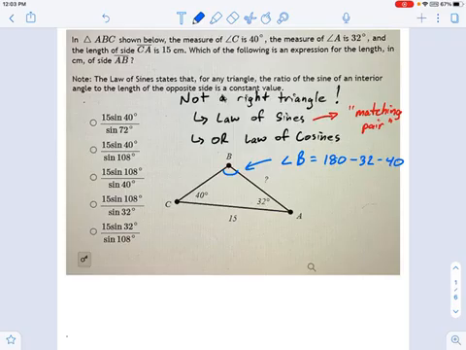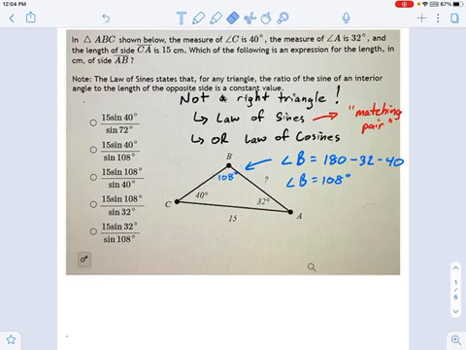So let's see what we get here. 180 minus 32 minus 40 gives me 108 degrees. And now, look at what we have. I've got 108 degrees right here, meaning there is a matching pair, an angle and the side opposite. So we are good to go on the law of sines.